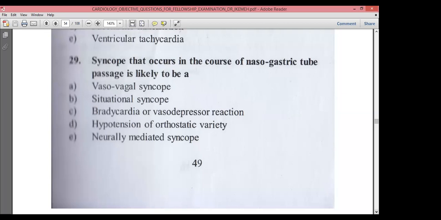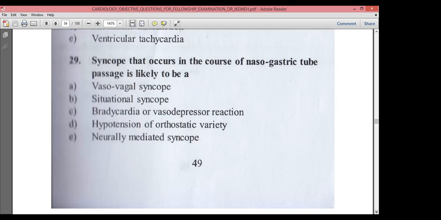Then syncope due to situational reflexes, which includes things like cough syncope, urogenital syncope like post-micturition syncope, and gastrointestinal syncope, which includes swallow syncope, syncope due to instrumentation in the GI tract, rectal examination, defecation syncope, carotid sinus syncope, ocular syncope.